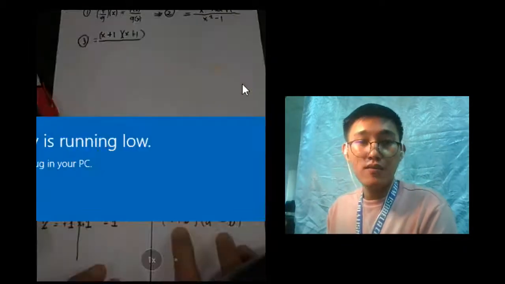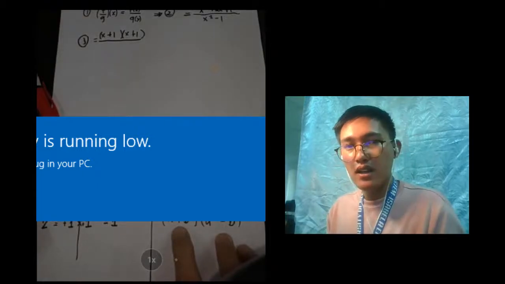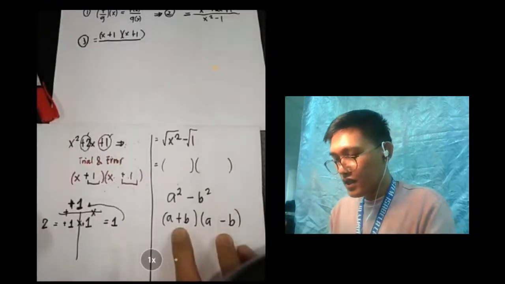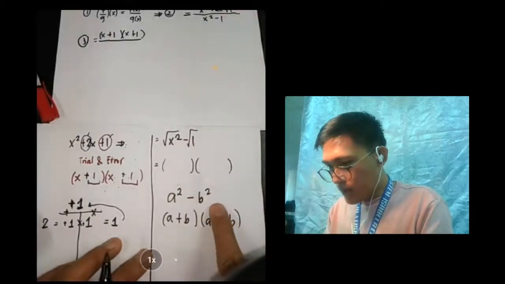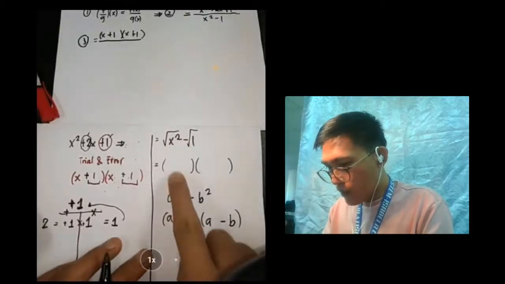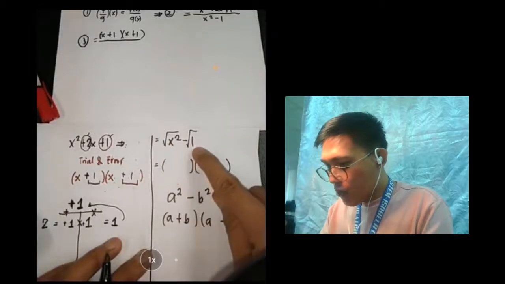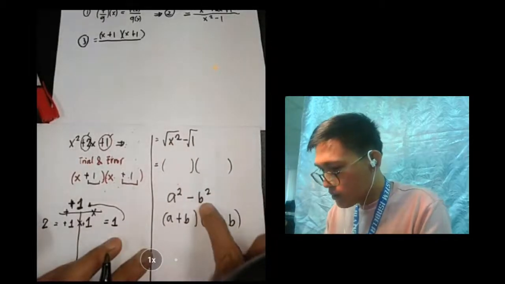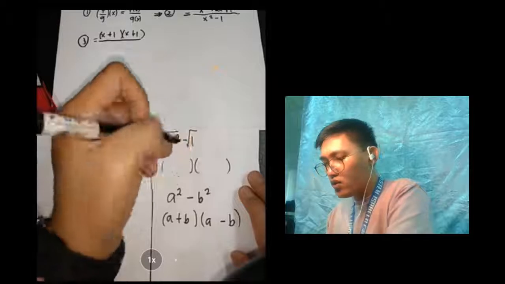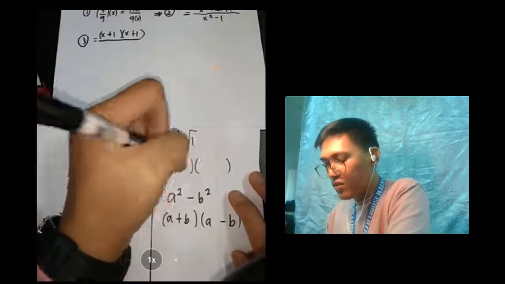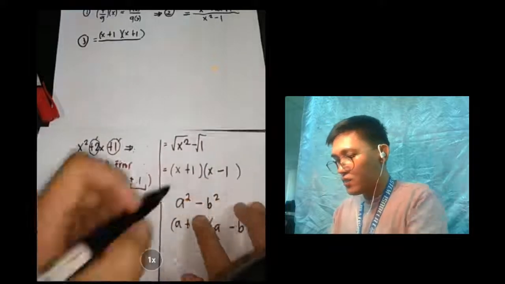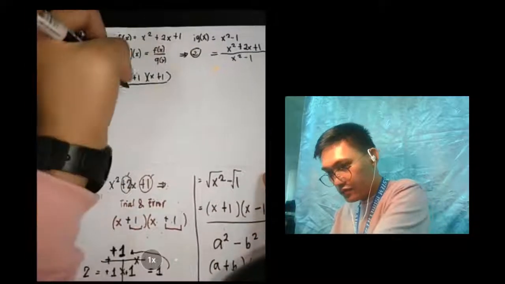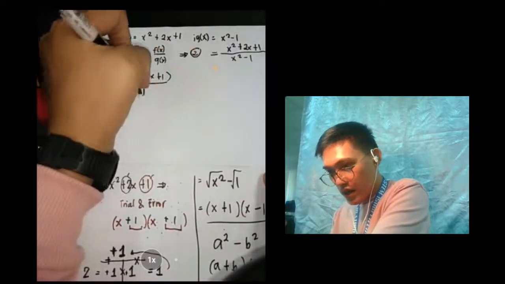Okay, now, this is also the same with this one because this is a perfect square. X squared is a perfect square, and 1 is a perfect square, and also b squared is a perfect square. So what we should do is this way: x plus 1 and x minus 1. So let's put it in here: x plus 1 and x minus 1.